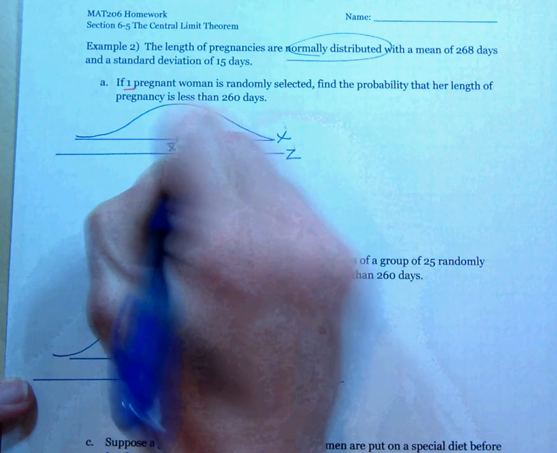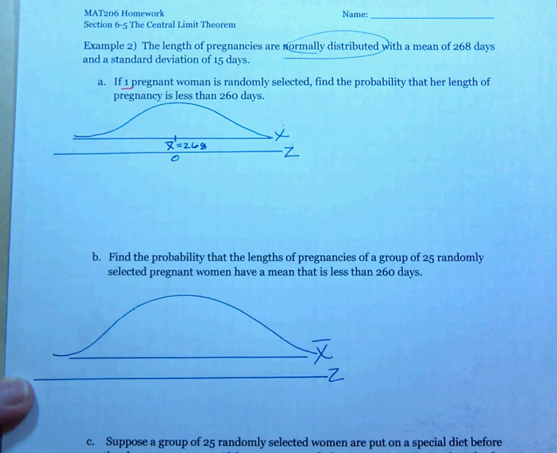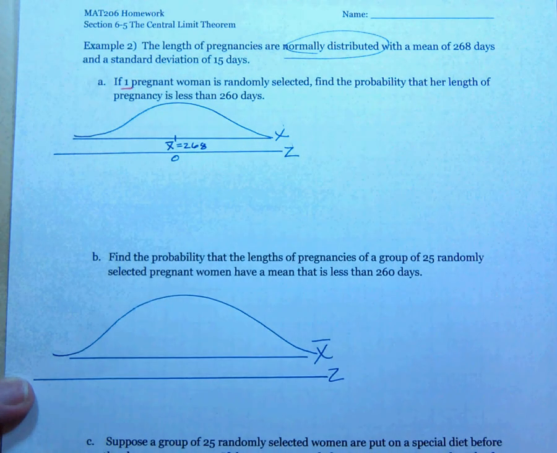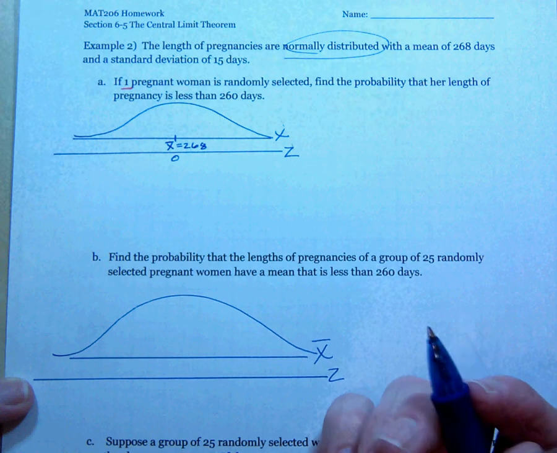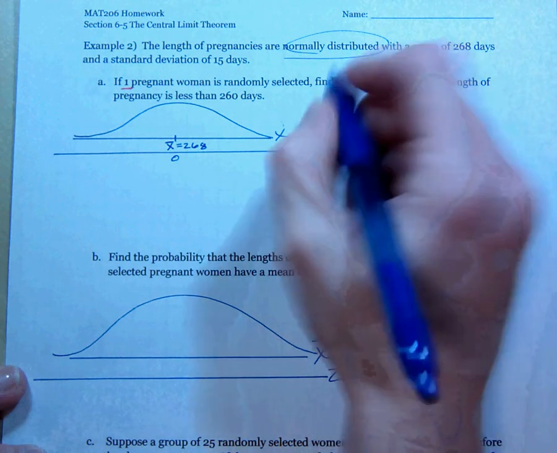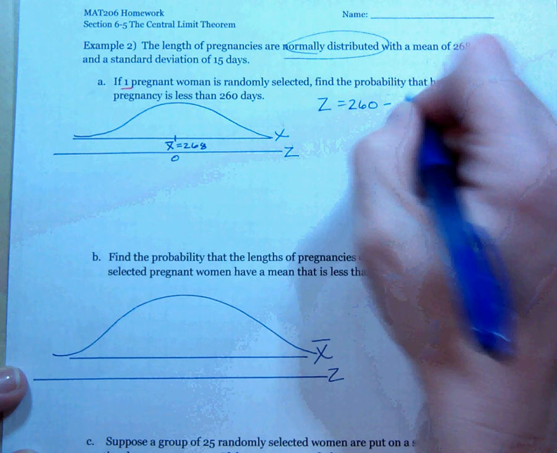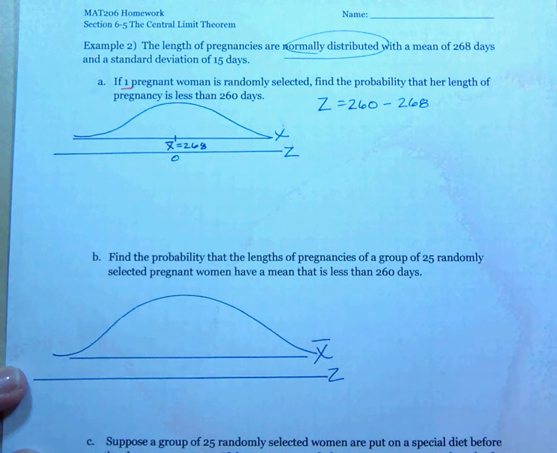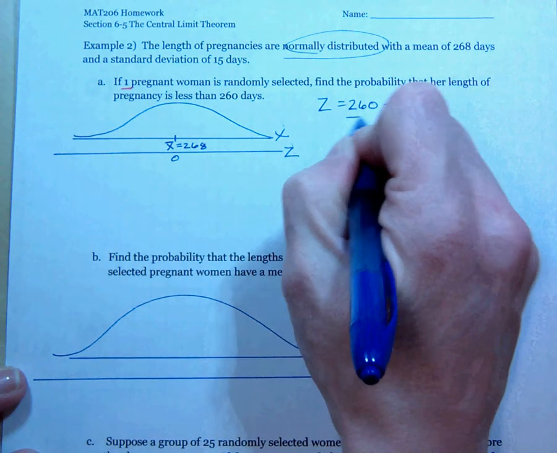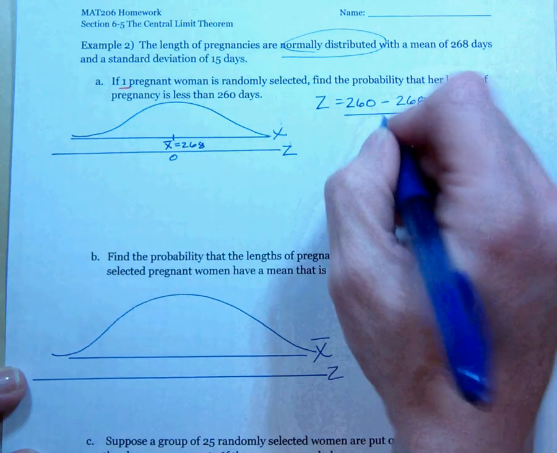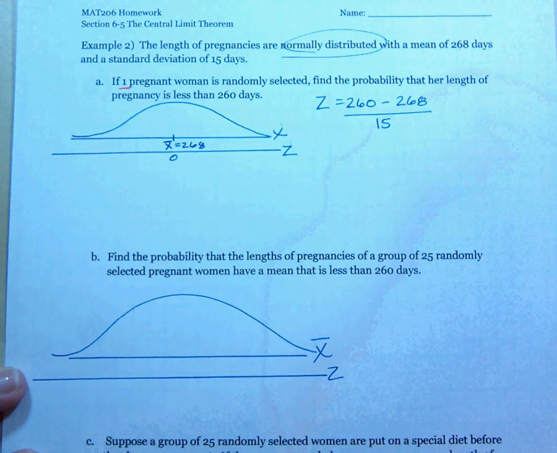So on the z-scale that would be a mean of 0. And we want to know the probability that our length of pregnancy is less than 260 days. So we're going to plug in 260 for our data value. Now subtract the mean and just divide it by the standard deviation, which is 15.